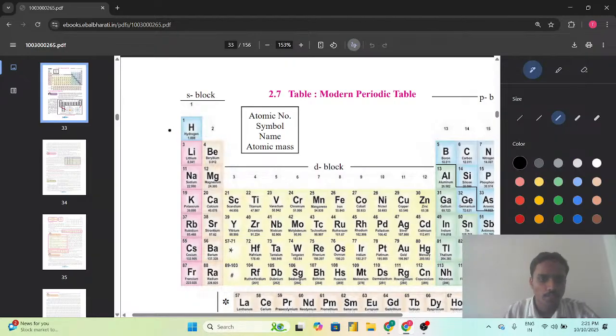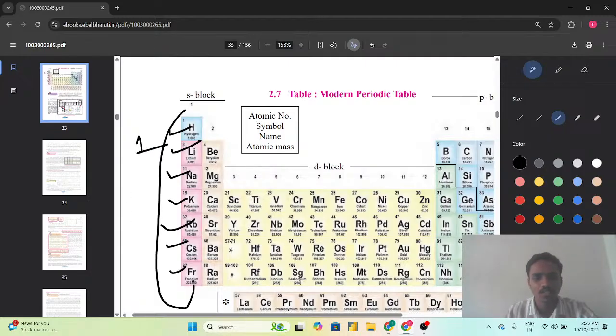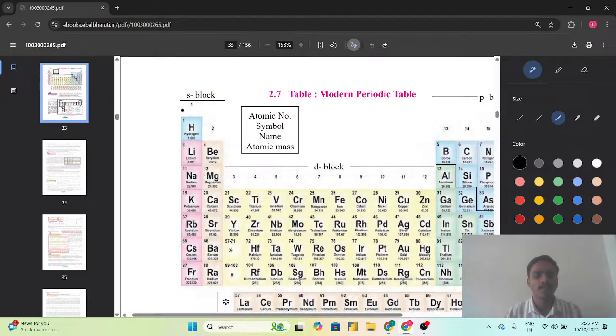So if we consider the valence electrons for all the elements in group 1, that comes to be 1. All the elements present in the group have the same valence electrons: 1 for group 1, 2 for group 2, 3 for group 3, and 4, and similarly up to group 18.